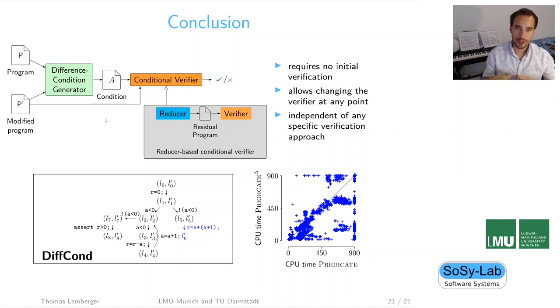For this concept, we showed an example implementation that we call diffcont, which performs difference computation of an original and a modified program based on their syntactic difference. And last, we showed through a big evaluation that our approach actually yields a significant benefit.